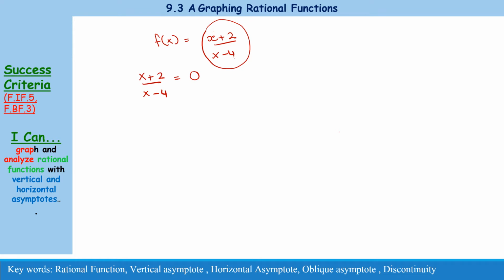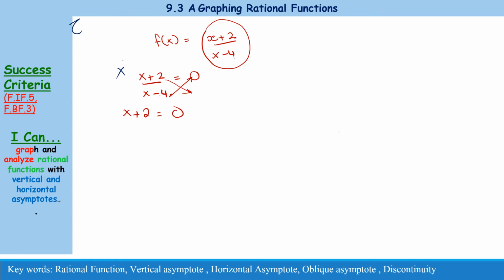You can see that this denominator x minus 4 is multiplied by 0, so we are applying the cross multiplication rule. So what we will get: x minus 4 times 0 gives you 0, so only x plus 2 will be left behind. Now rather than doing all these steps, we can even skip this step.